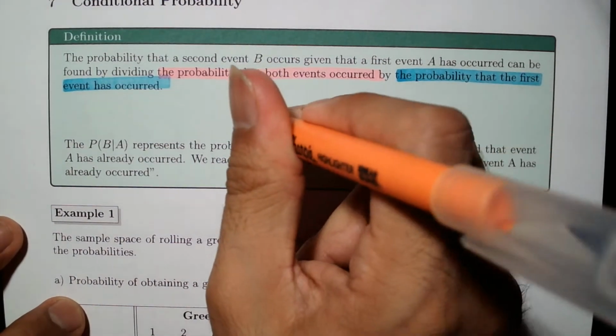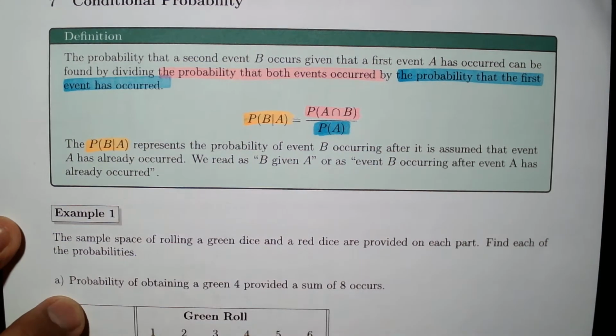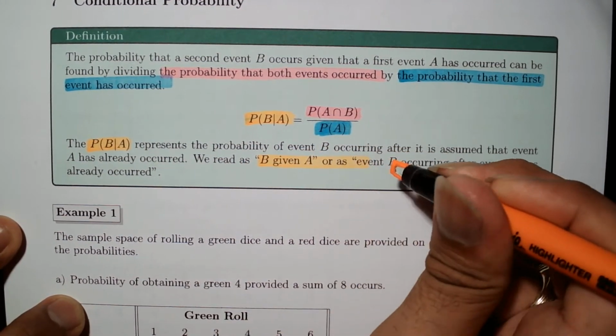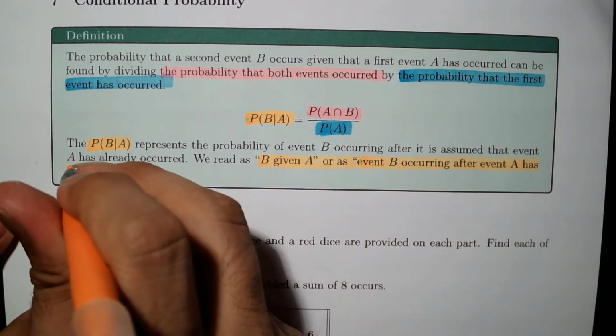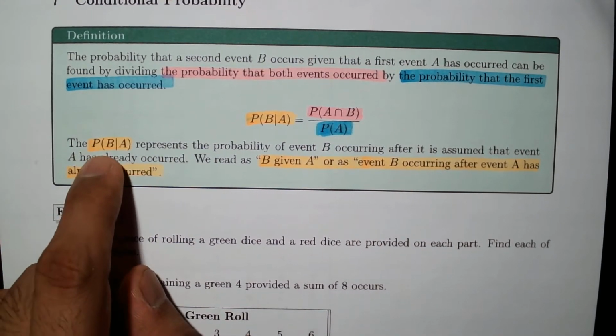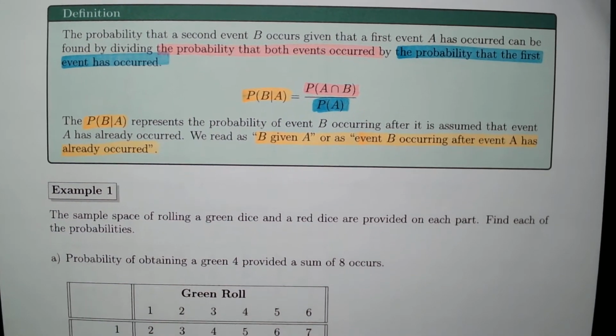That's how we write it, P(B|A), but we read it as B given A, or event B occurring after event A has already occurred. Or simply, we can also read this as the probability of B given A. So many different ways to express this.